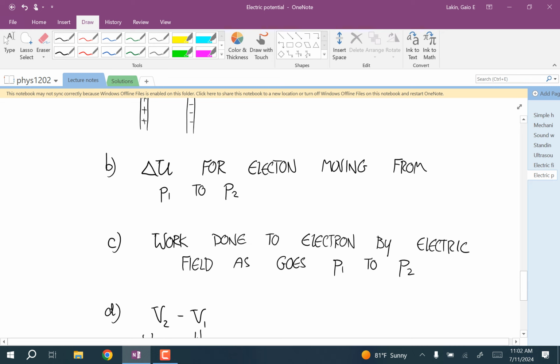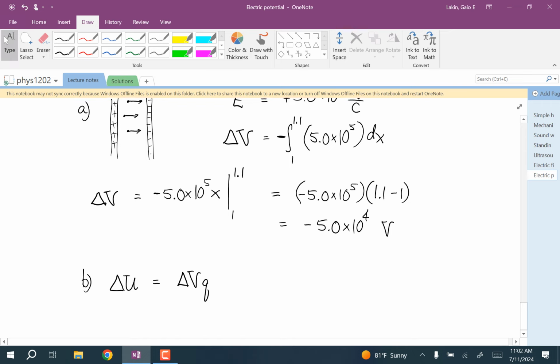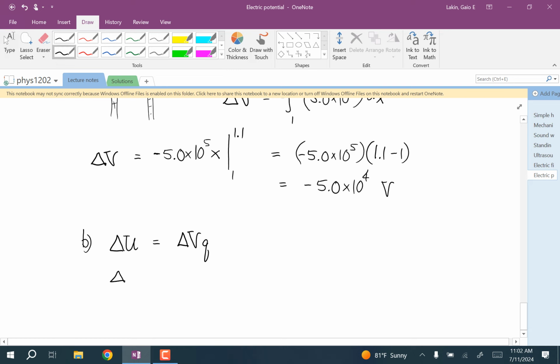Okay, the second thing we want to figure out is, now we have the electric potential, what's the potential energy for an electron that's making this path from point 1 to point 2? And that's pretty easy. The change in potential energy is the change in electric potential times the charge of the particle. The particle we're talking about is an electron.